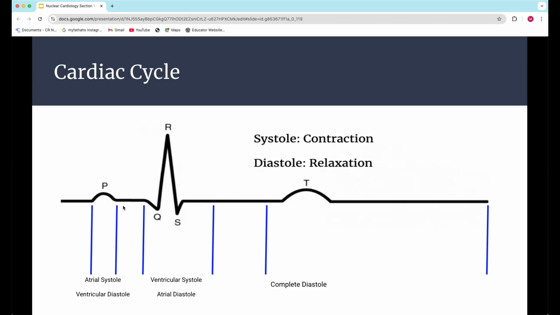So again, the P wave, okay, and maybe before I say that, I'll point you up here. You hear the words systolic and diastolic, right? And you usually hear that when it's associated with the blood pressure, right? What I want you to understand is when we say systole, all systole means is contraction. And when we say diastole, all we mean is relaxation.